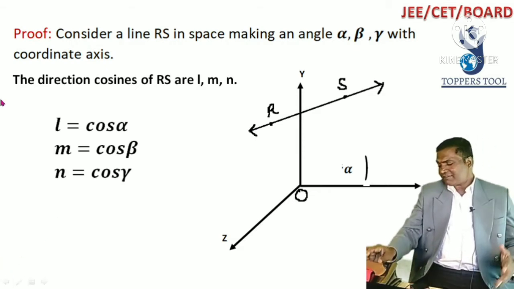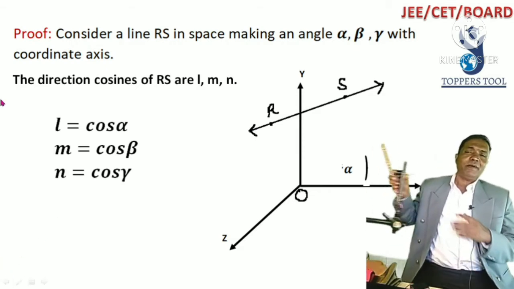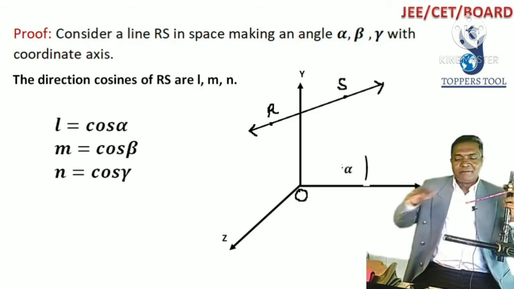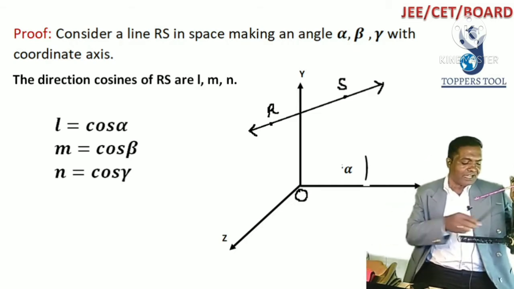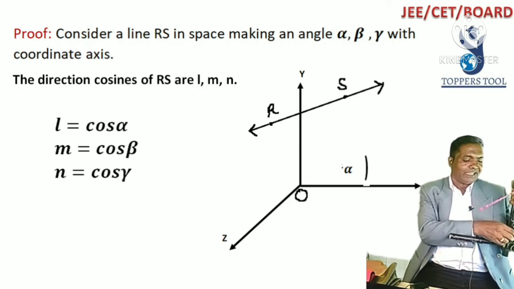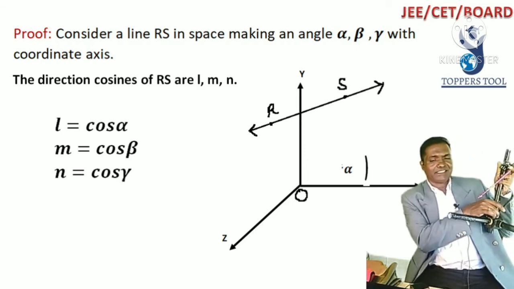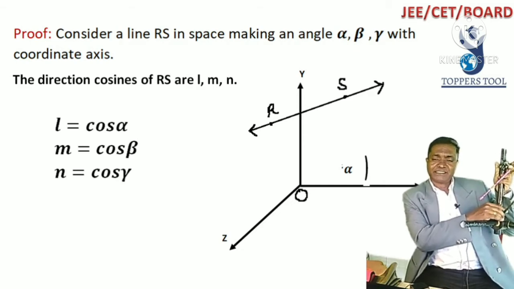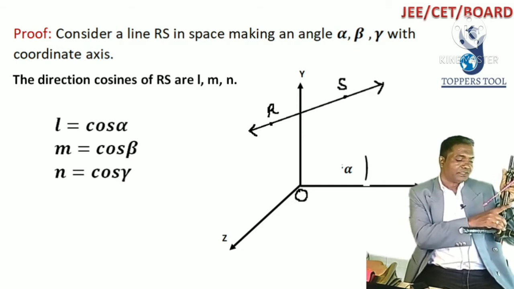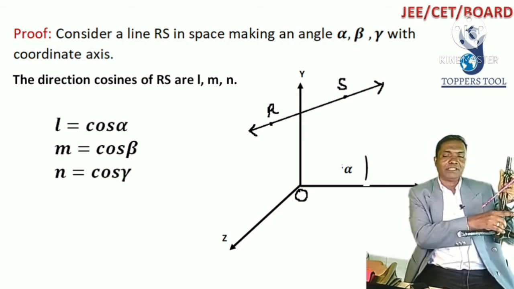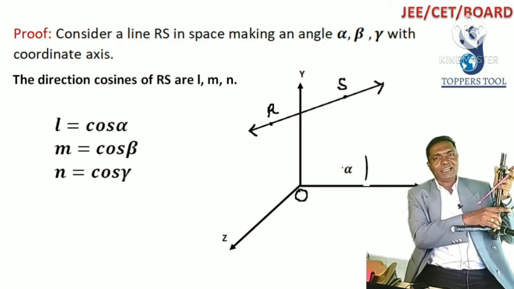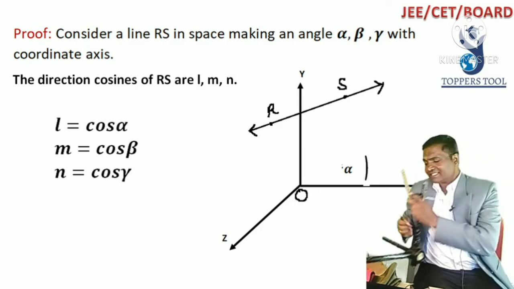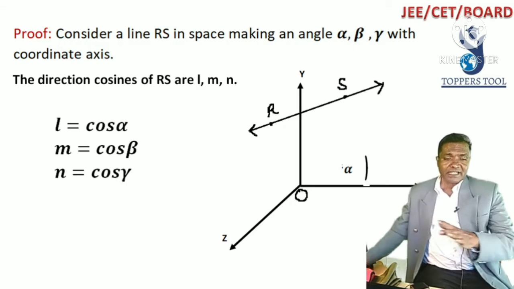So it is equivalent to a line parallel to this RS making angle alpha, beta, gamma with x, y, z axis. Okay, so angle made by this line with x, y, z axis is equivalent to the angle made by the parallel line with RS with x, y, z axis.